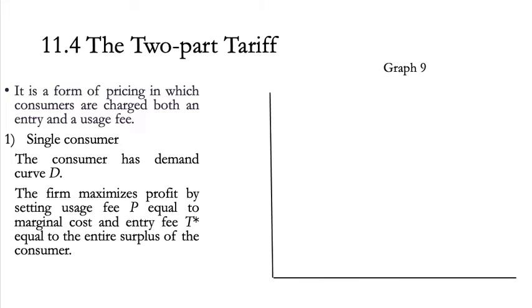So, if you become a member of Perdana League Club, then in order to be a member, you have to pay what we call an entrance fee. Now, the entry fee here is basically the membership fee. And usually for any kind of club, the membership fee is very, very expensive. But once you become a member, when you want to utilize all kinds of benefits in the club, the price per unit usage is very, very cheap.